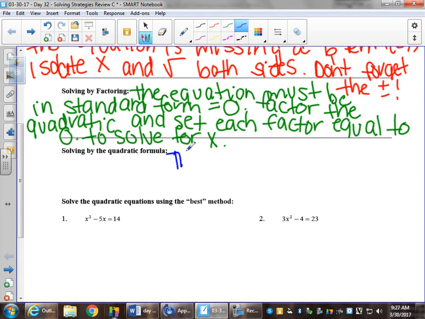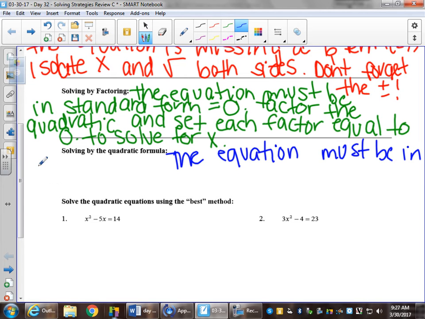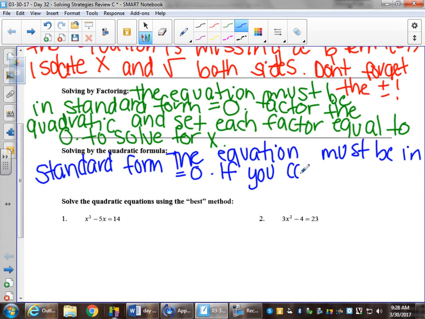The equation must be in standard form equal to 0. If you cannot quickly factor, use this method.